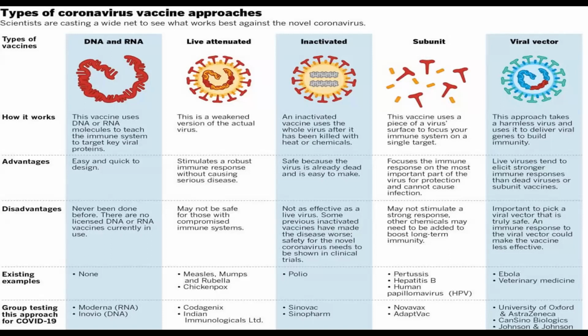The advantage is it stimulates a robust immune response without causing a serious disease. Then the disadvantage is it may not be safe for those with a compromised immune system.